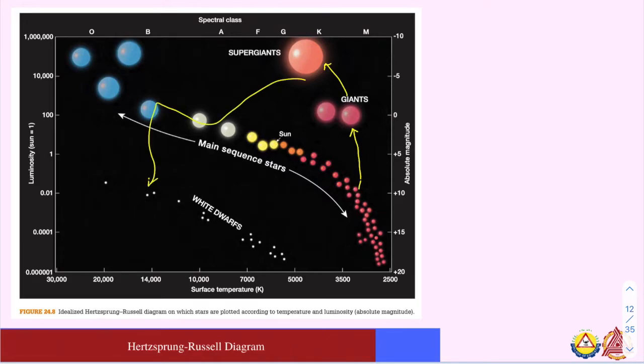So that's why I am encouraging that you should pay special attention or spend a little bit of time sa paglantaw sa imong Hertzsprung-Russell diagram, because this will be very essential in the analysis of the evolution of your stars.